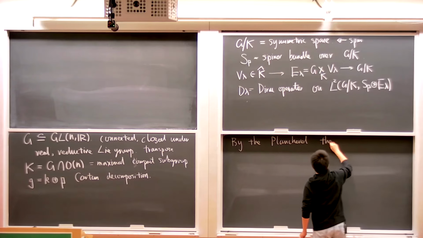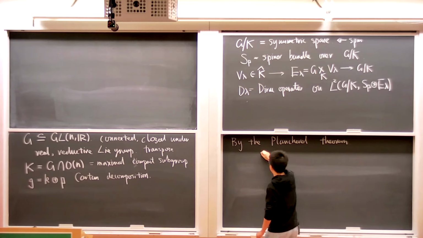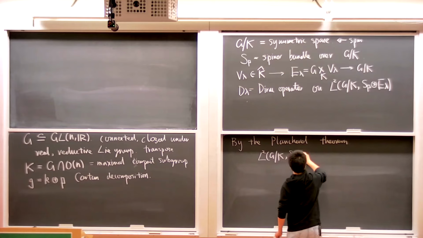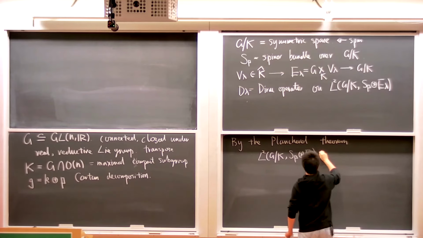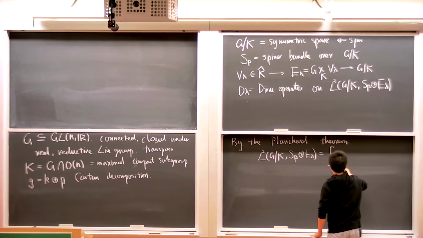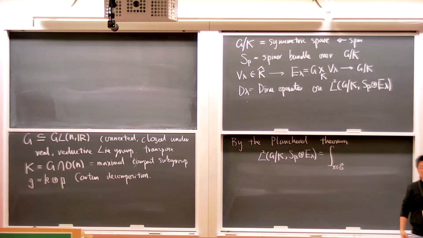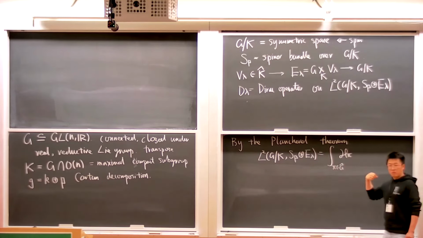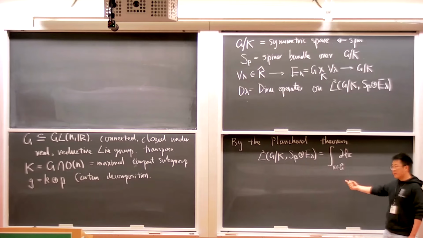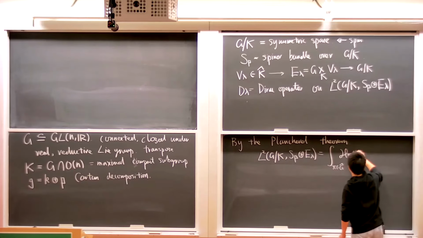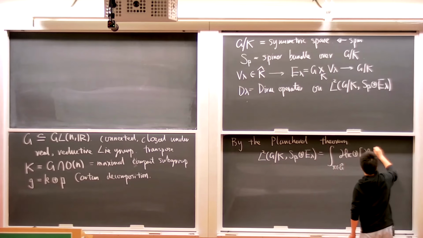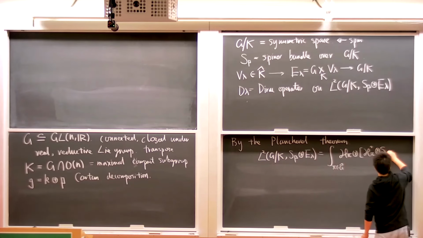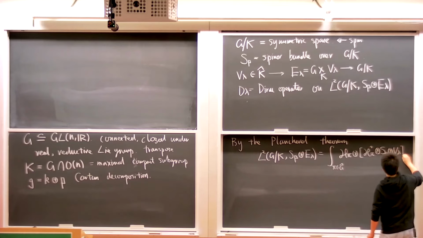We can decompose this Hilbert space L2 of SP tensor E lambda as the integral over all the tempered unitary representations of G, of H pi, the Hilbert space where this representation is realized, tensor H pi star tensor SP tensor V lambda, and then take the K-invariant part and integrate against the Plancherel measure.